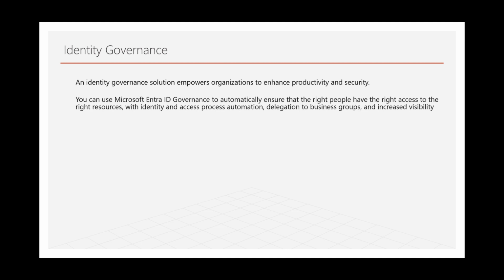You can also use identity governance to automatically ensure that the right people have the right access to the right resources with identity and access process automation. Which means you can automate all the processes, which involve provisioning roles to the employee, providing the identity to the employee, as well as providing the right access to the right employee, delegation to business groups, and increased visibility.